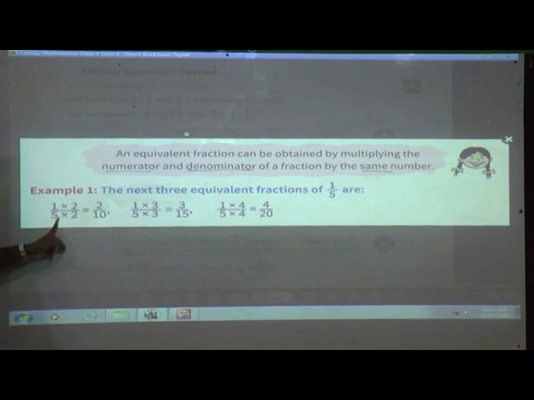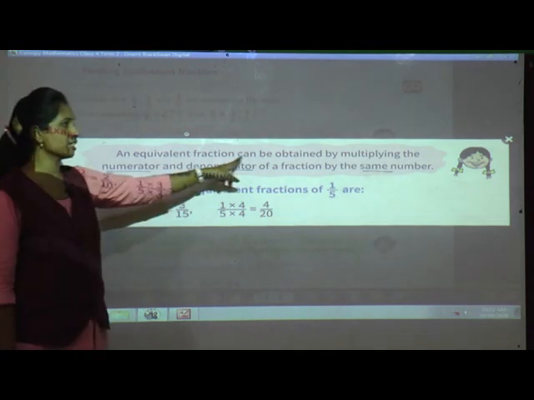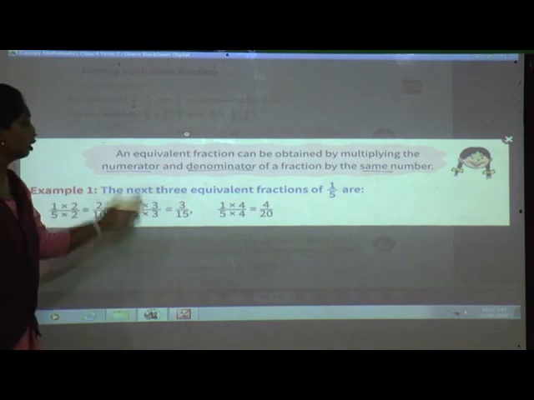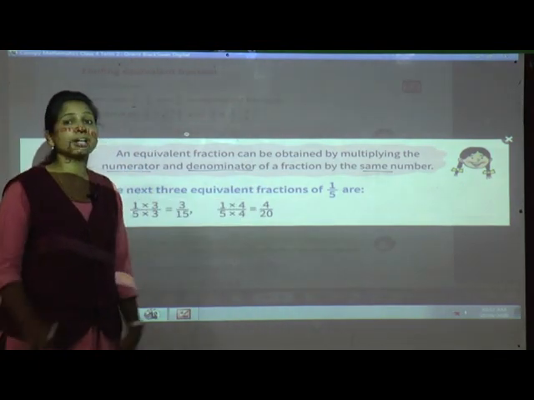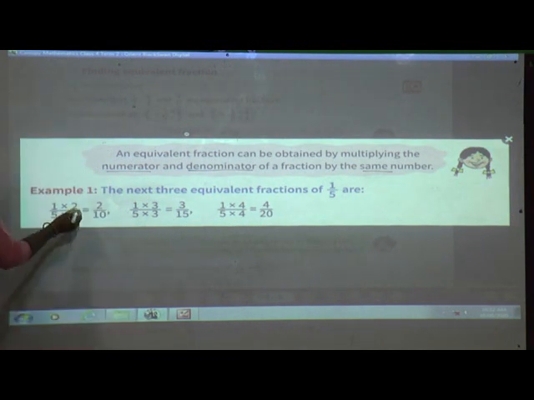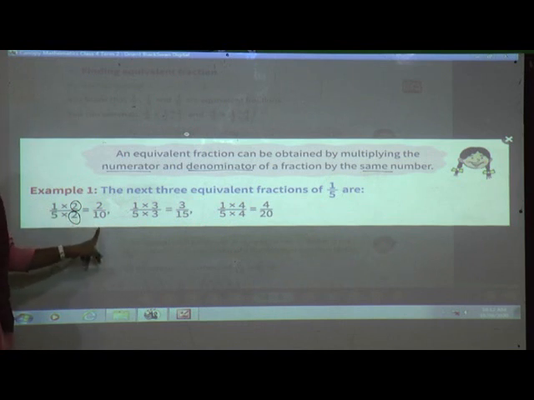Here we cannot go for any other number, because equivalent fractions can be obtained by multiplying the numerator and denominator of the fraction by the same number only. If we are taking 2, we have to take 2 in the denominator also. So 1 multiplied by 2 is 2, 5 multiplied by 2 is 10. 1 2s are 2, 5 2s are 10.